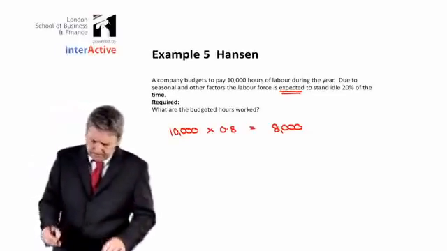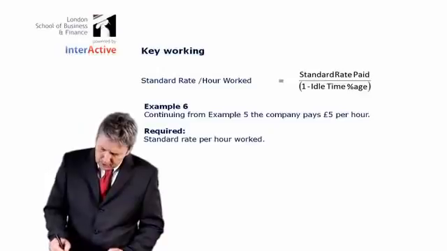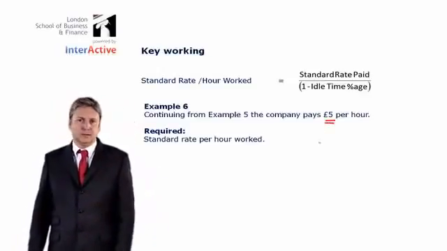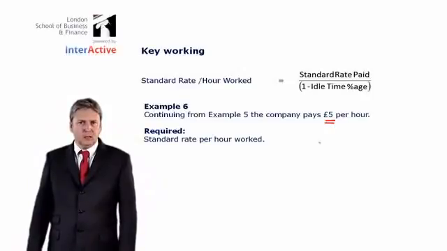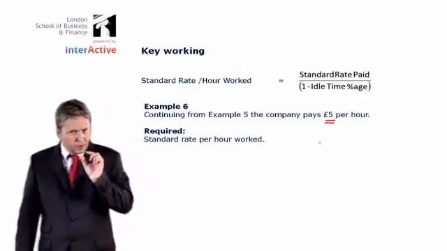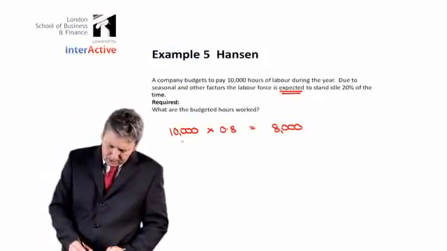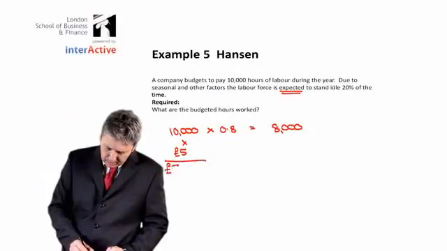So if we move on, we're now told that the company pays £5 per hour. Okay, so I just want to take that number for a moment. We'll come back to the formula in a second and say, well, okay, we pay £5 an hour, so the total cost of labour is 50,000.